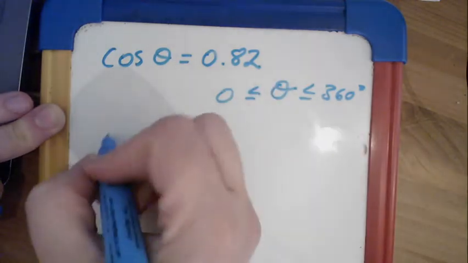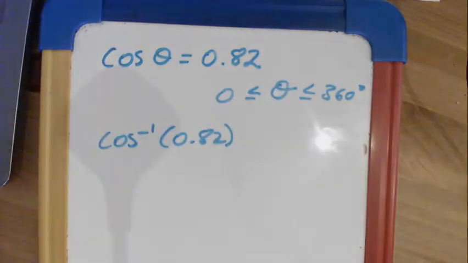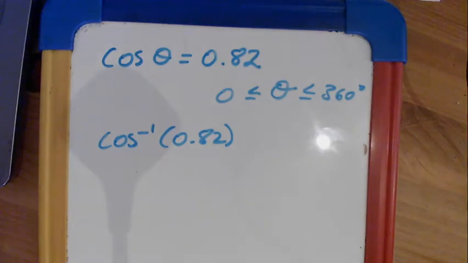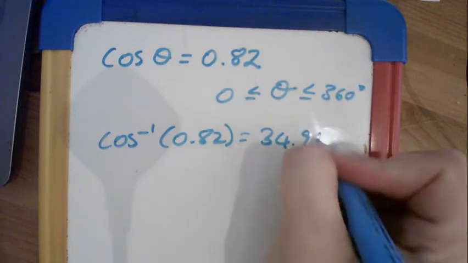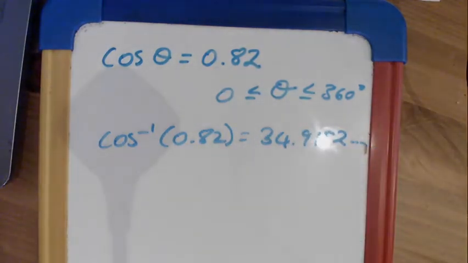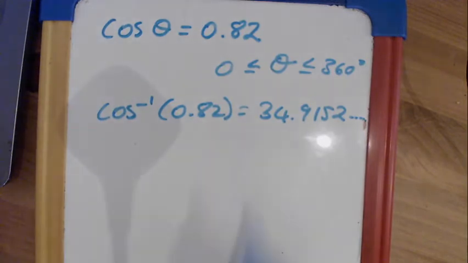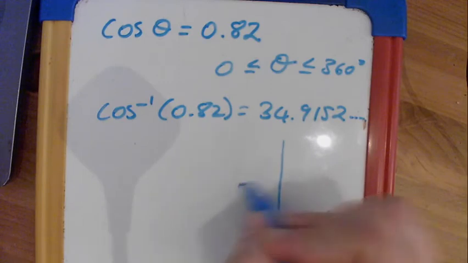So first thing we do is we do arc cos of 0.82 on our calculators, and that comes out to be 34.9152, I'm trying to make it as accurate as possible. Now, cast diagram, so let's go back to our little cast diagram.